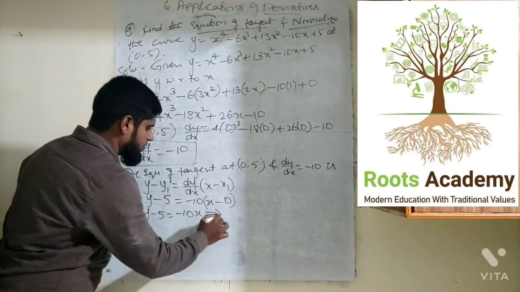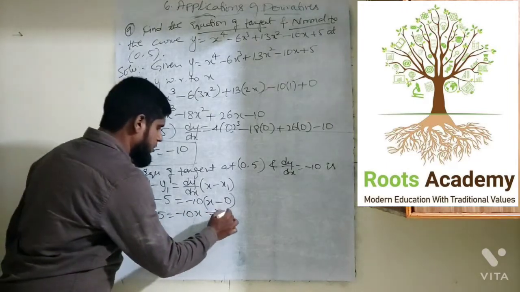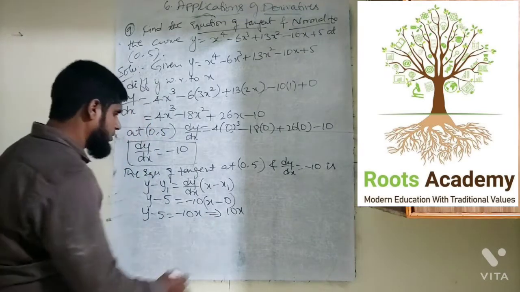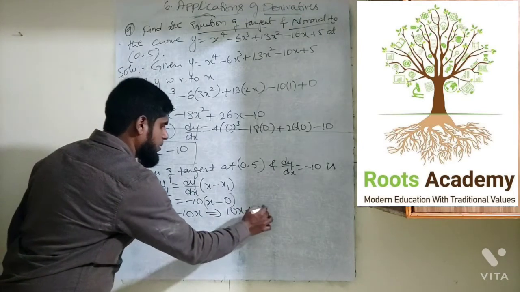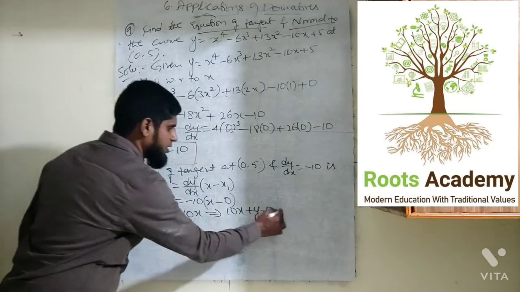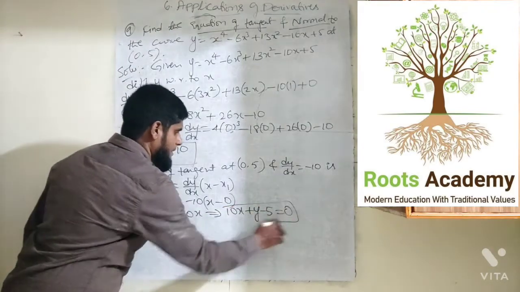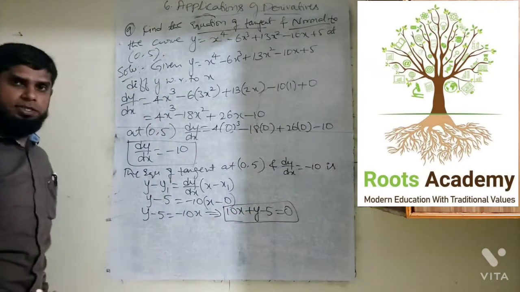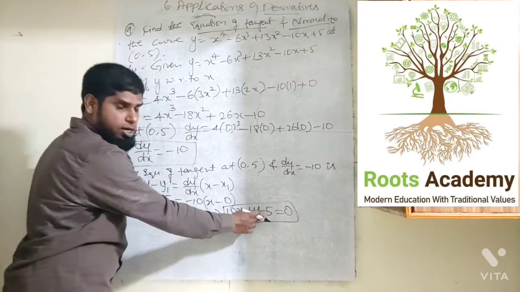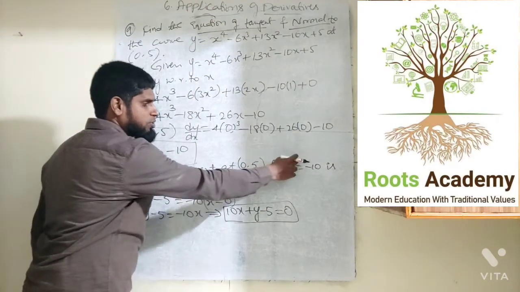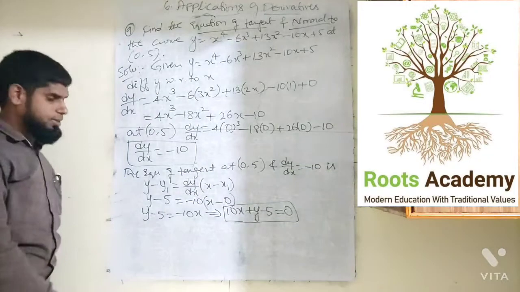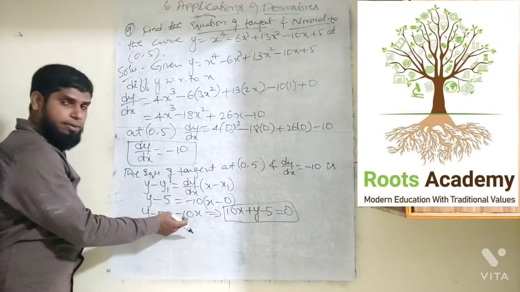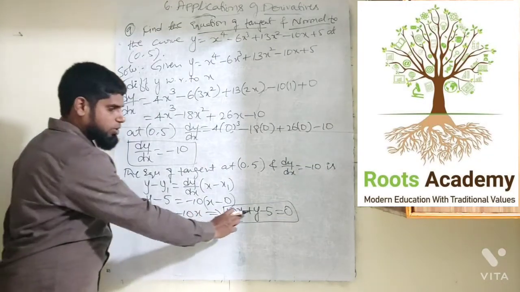So this gives 10x plus y minus 5 is equal to 0. This is the equation of tangent at 0, 5, whose slope is minus 10. Here I shifted minus 10x to this side, so it becomes positive.